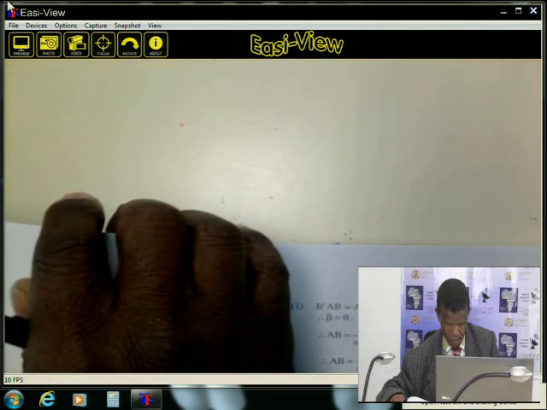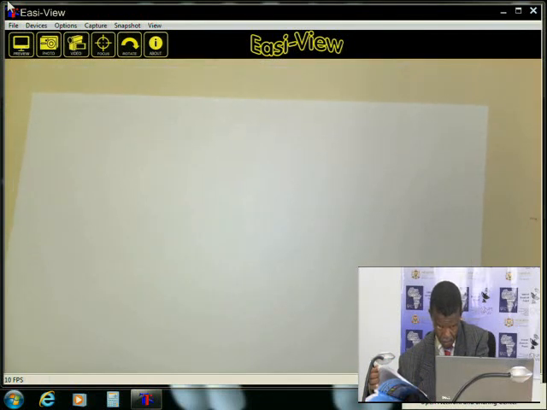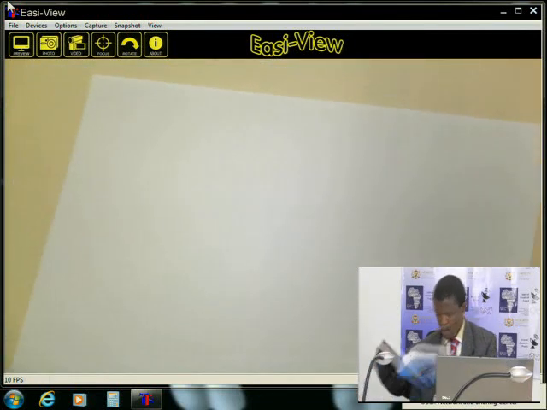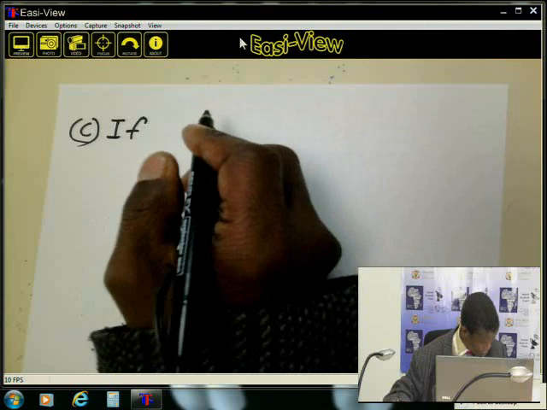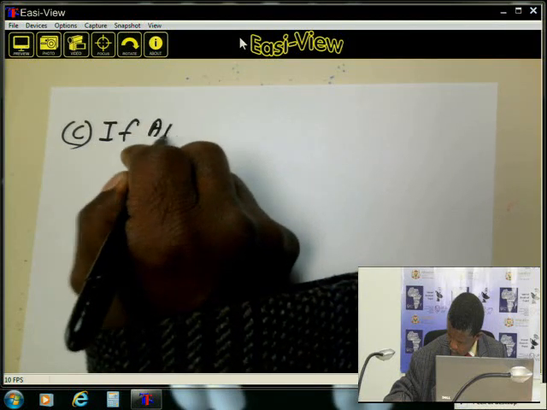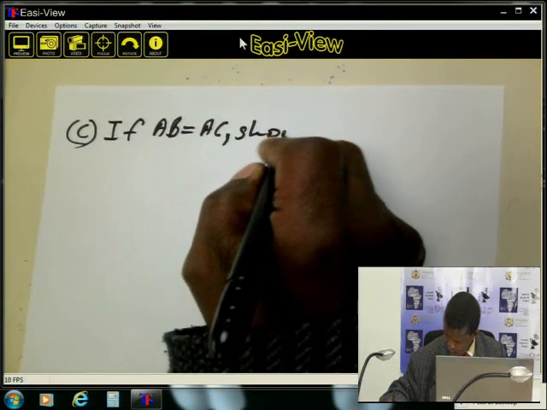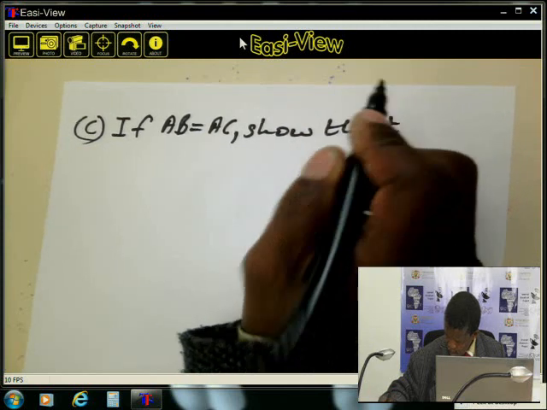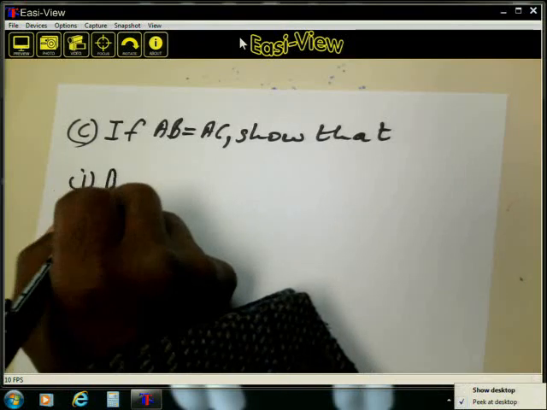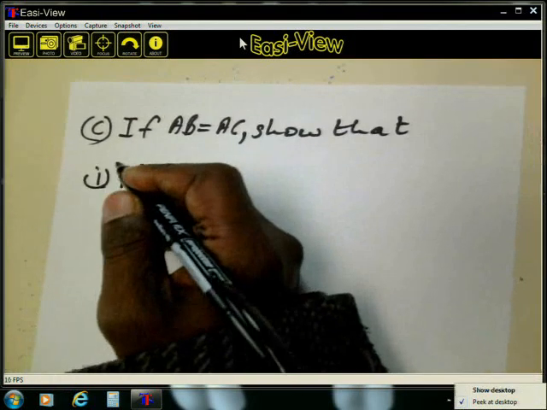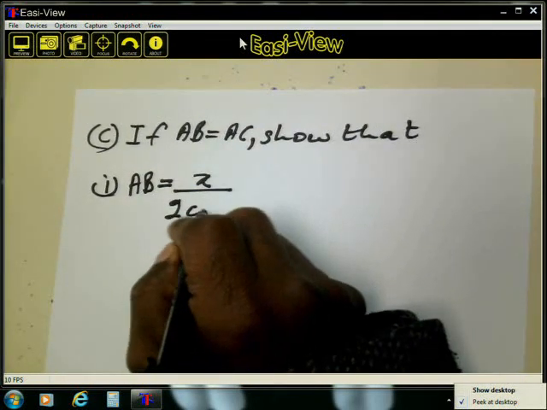Yeah, required in number B, if AB equals AC, show that AB is equal to x over 2 cos theta.